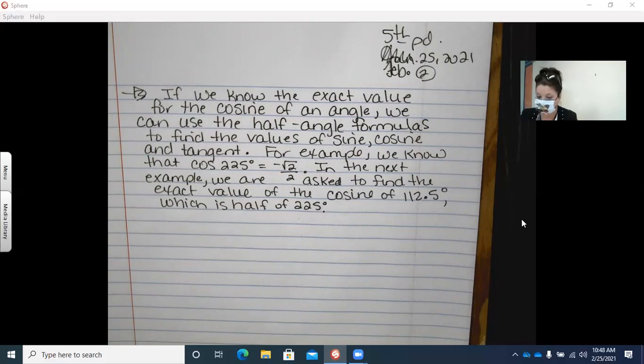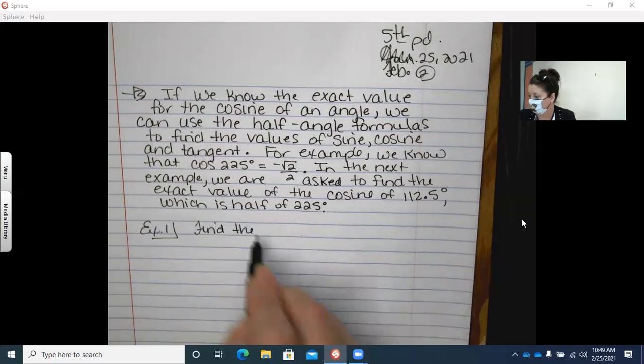Example 1. Find the exact value. So no decimals here. Of cosine of 112.5 degrees.